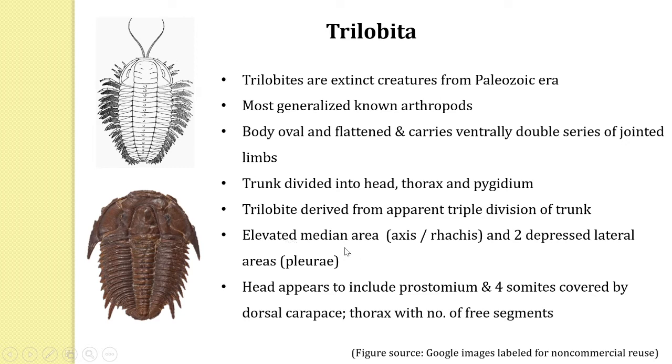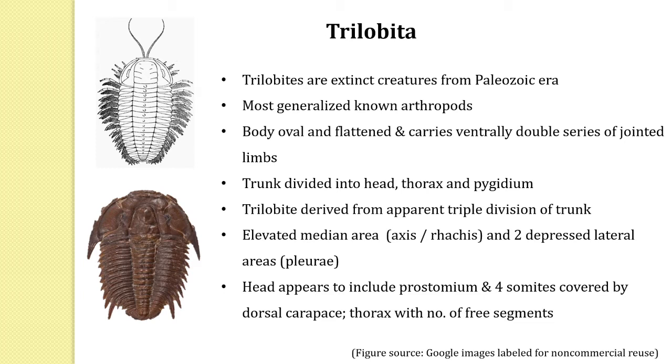The head, which appears to include the prostomium and the foresomite, is covered by a dorsal carapace. The thorax consists of a variable number of free segments, and the pygidium contains several segments which, except in certain earlier forms, are united to form a caudal shield.